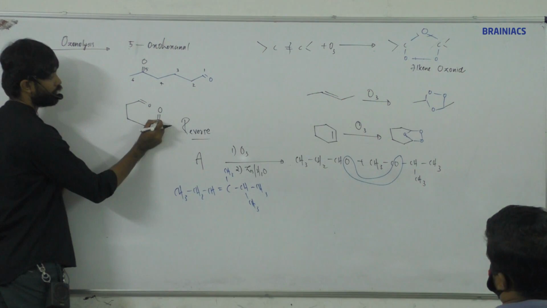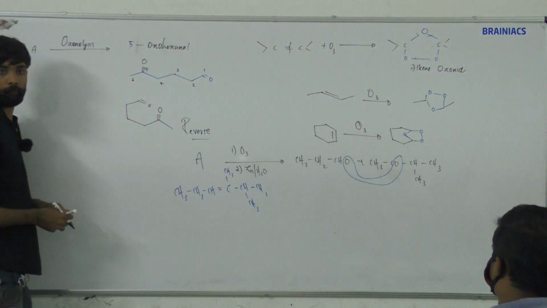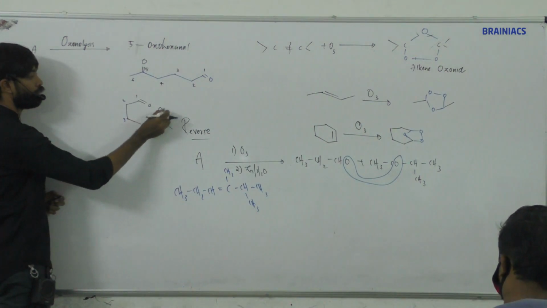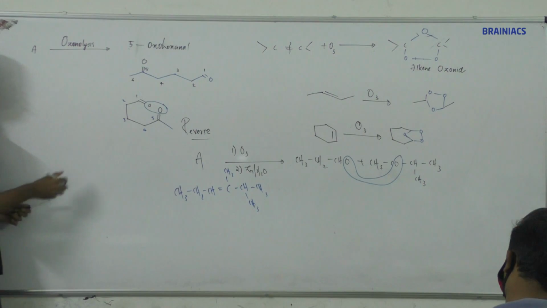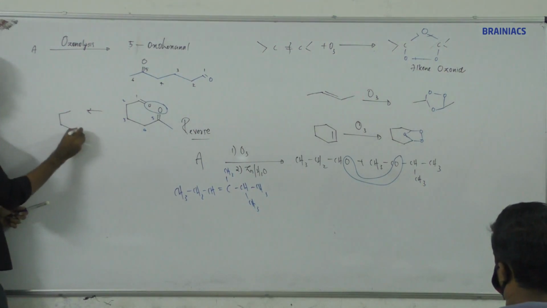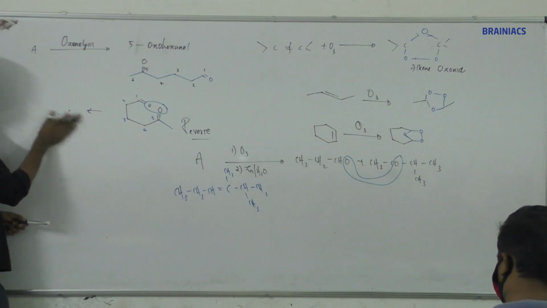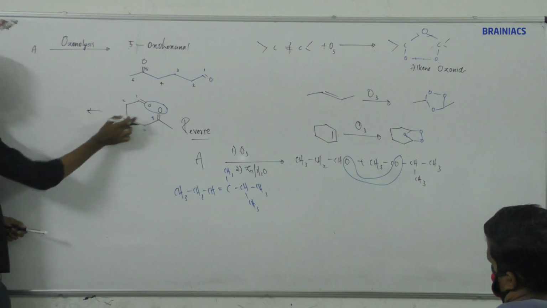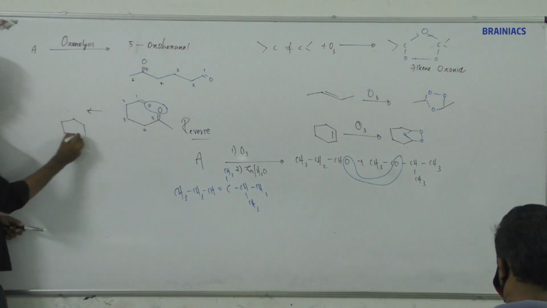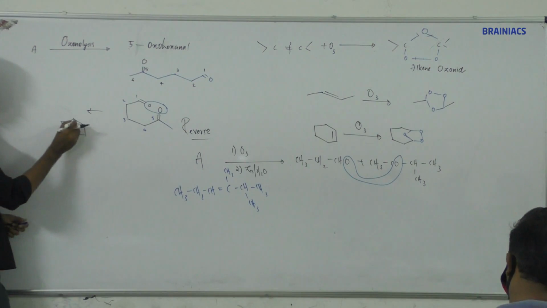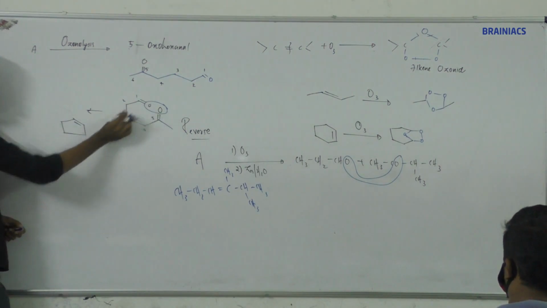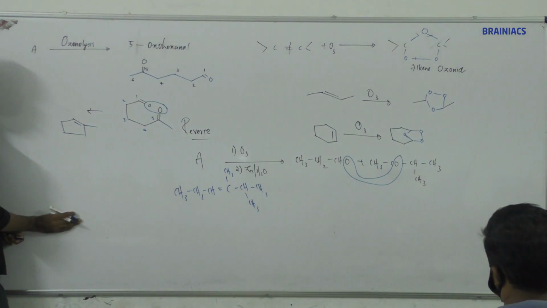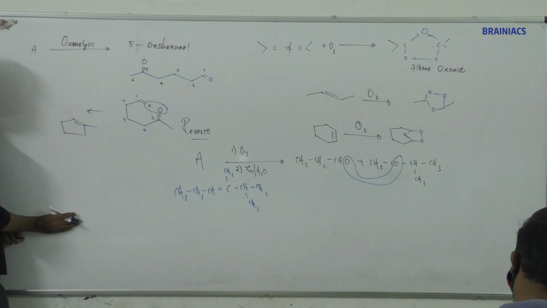This one has a methyl. Is it okay? Then a ring of how much carbon? A ring of 5 carbon where there is a double bond. Okay, if this is the 5th carbon, there will be a methyl group. Ready?